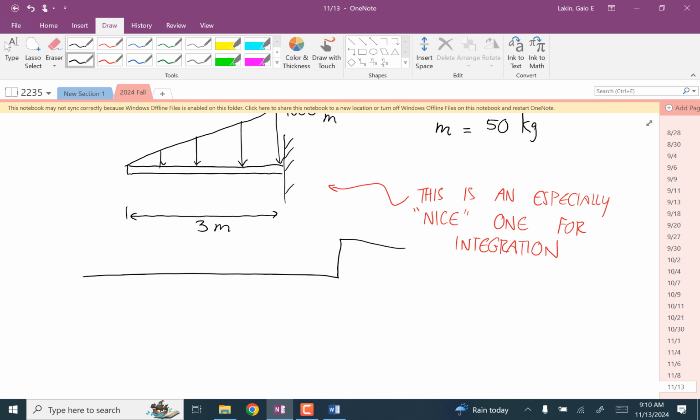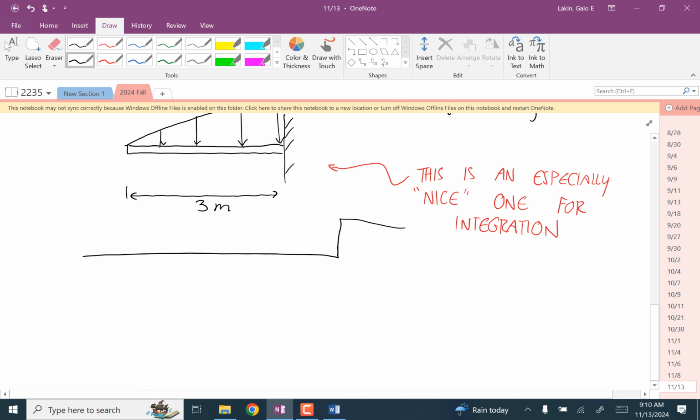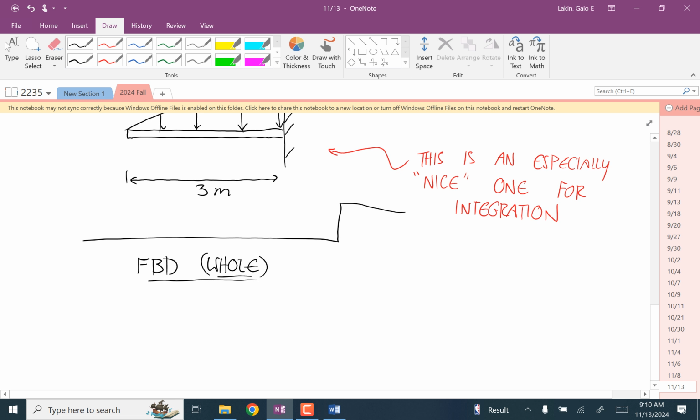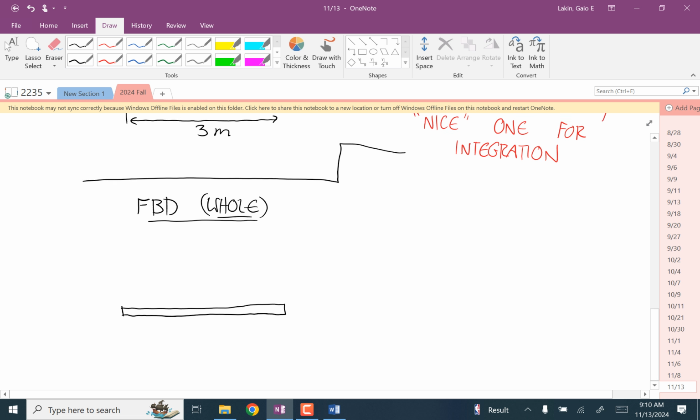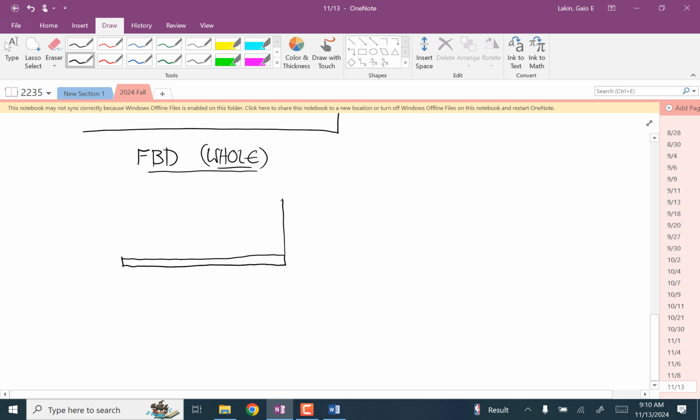Okay, well, start with a free body diagram of the whole thing. We have the triangular distributed load that's given.